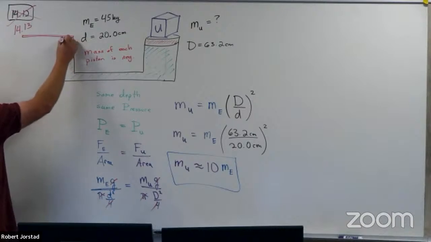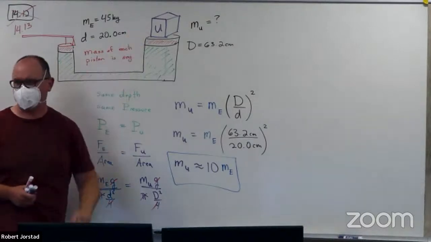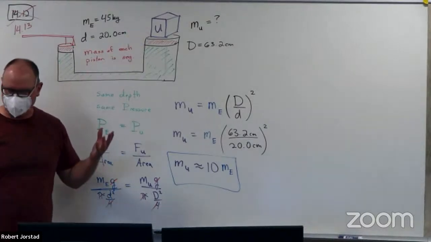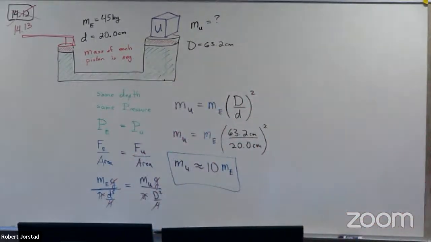You can put a pivot point here and attach this to the piston. And the idea is you could apply a small force here. You get a lever arm multiplier here that pushes down on the piston. So for a tiny force from your hand, you could actually lift an entire vehicle this way. Cool, right? All right, enough said on that. Hydraulics are interesting.